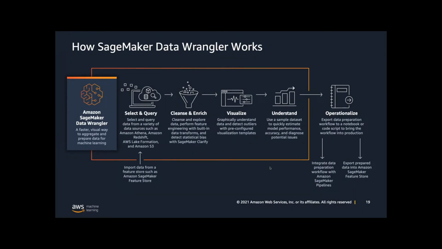And I like this slide because it pretty much summarizes all the steps taken by the SageMaker Data Handler and provides details on what functions Data Handler performs at each step. So pretty much the key takeaway here is that these steps can be iterated on in whole or in part to quickly build a strong set of data transformation code and features to improve the performance and the quality of your machine learning models.